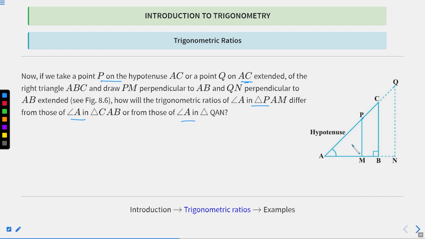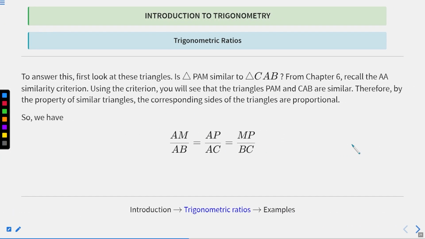Okay, so let us see. To answer this, first look at these triangles. Is triangle PAM similar to triangle CAB? We have studied in chapter 6 when two triangles are called similar, which we learned in our previous lecture.